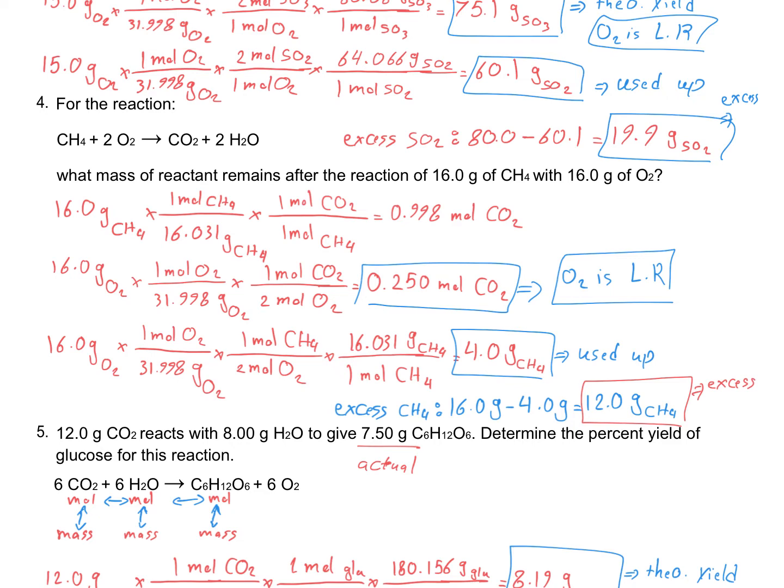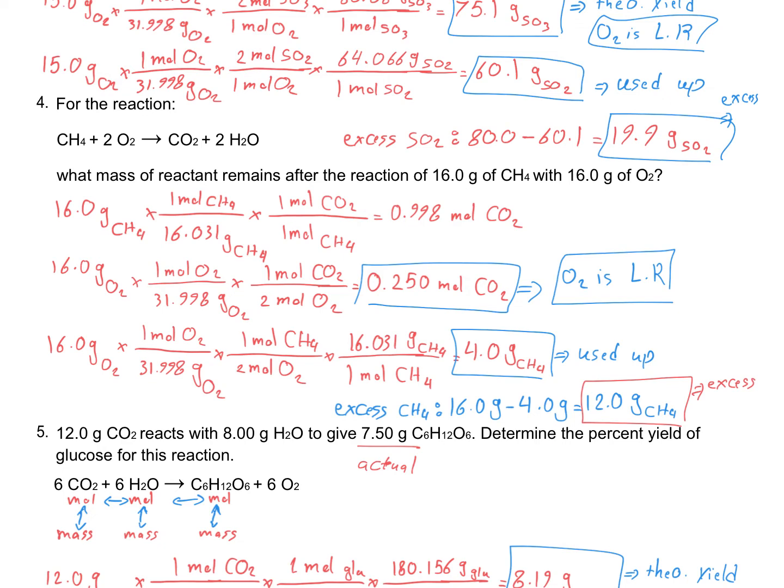The other thing that you've noticed is that I stopped at the mole of CO2 and I didn't find the mass of CO2. That is because to find the limiting reagent, we have to find how much product it makes, okay? When we say how much, it could be mass or it could be mole.